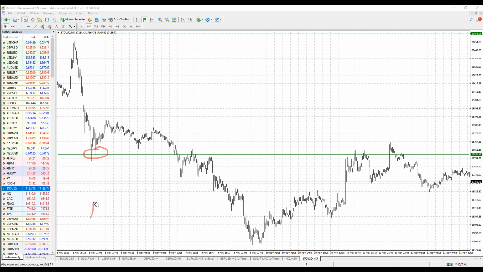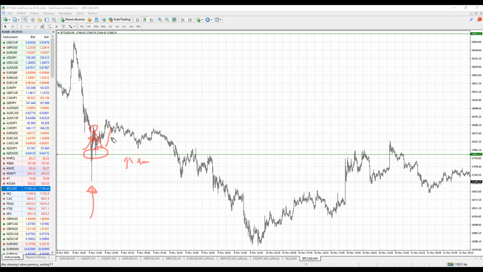Here was a strong move to the downside with the price action going higher, a retest of the very important trend line and going higher.